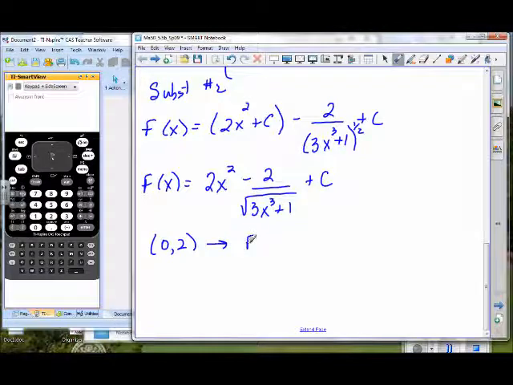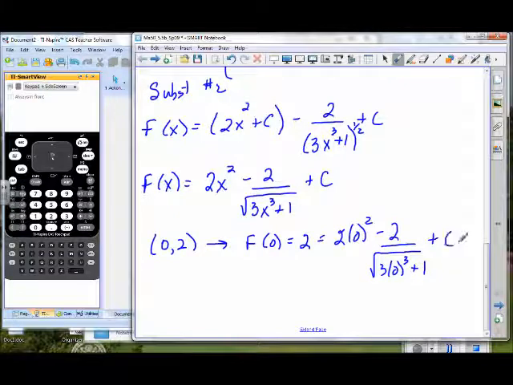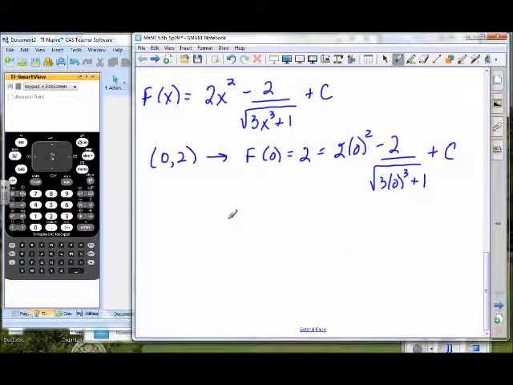That tells us that f of 0 equals 2, which would then give us 2 times 0 squared minus 2 divided by the square root of 3 times 0 cubed plus 1 plus c. What we're going for here is the value of that constant. So we've got 2 equals, we've got a 0 here, so we have 0 minus 2 divided by the square root of 0 plus 1 plus c.